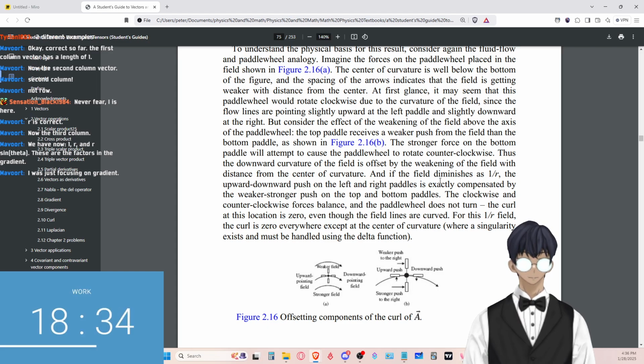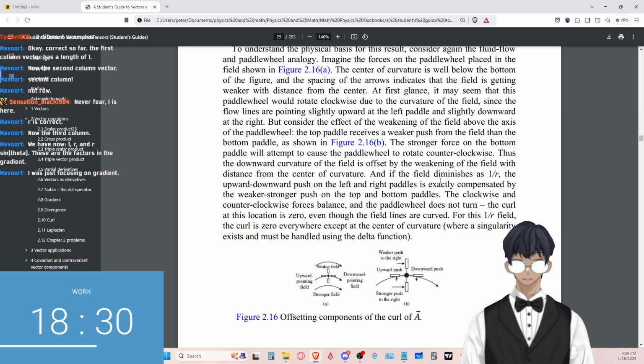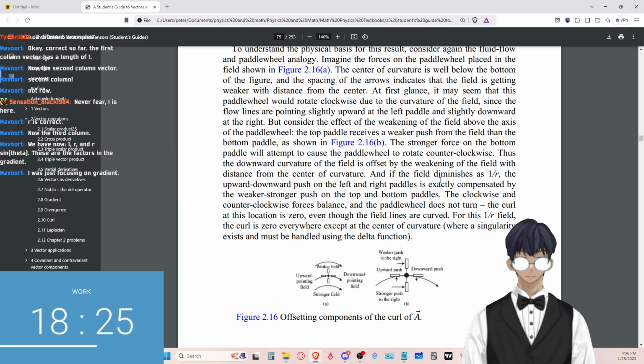If the field diminishes as 1 over r, the upward and downward push on the left and right paddles is exactly compensated by the weaker and stronger push on the top and bottom of the paddle. The clockwise and counterclockwise forces balance, and the paddle does not turn. The curl at this location is 0.